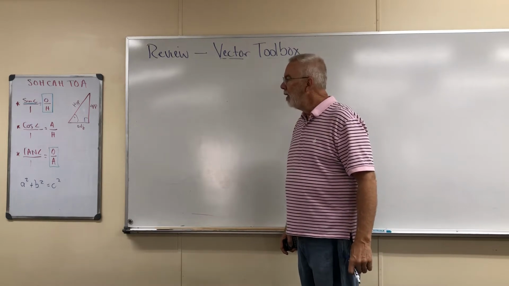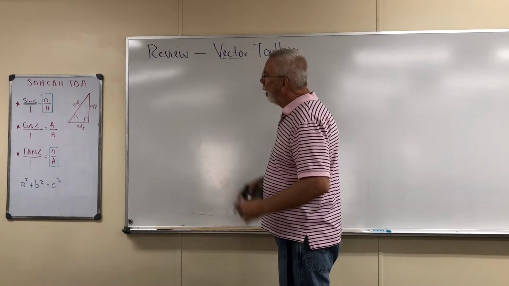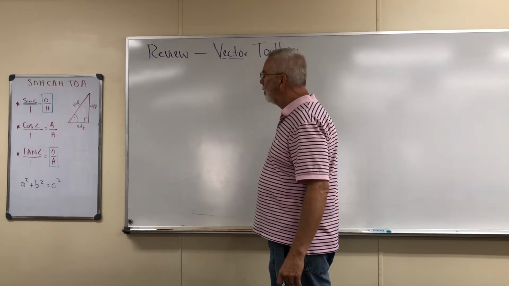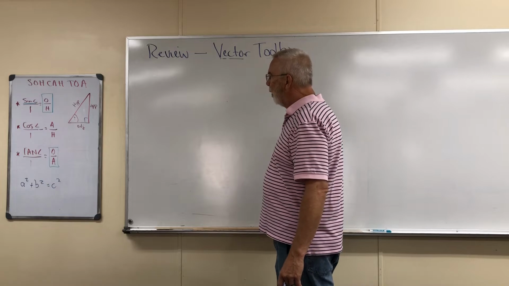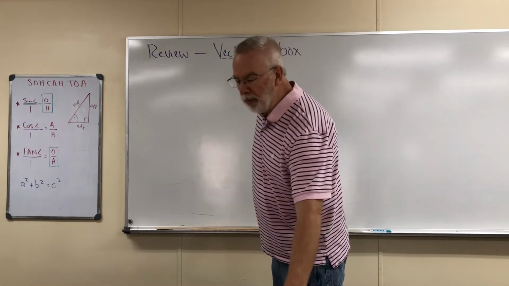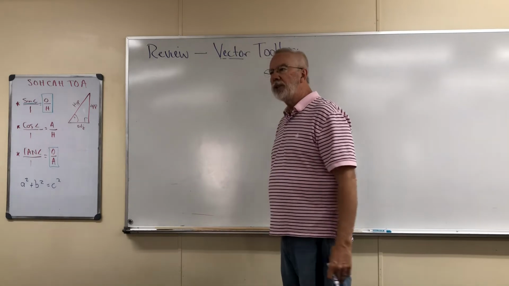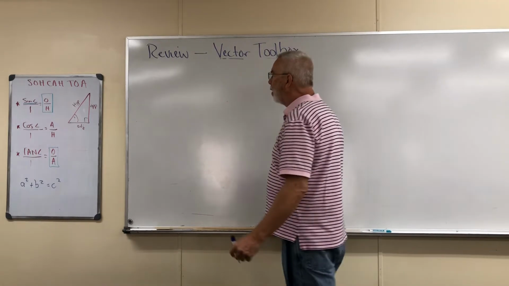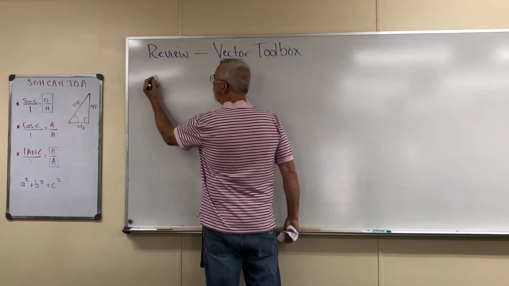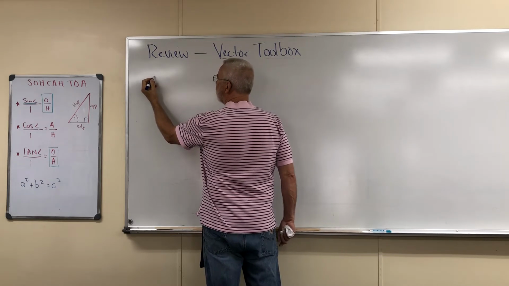Okay? Now, I've said all those are the simplest ways that we did some of these things. But then we did some labs, we did some vector drawings and stuff like that, and they look like this, and we're going to talk about some different things that we could use to solve it.